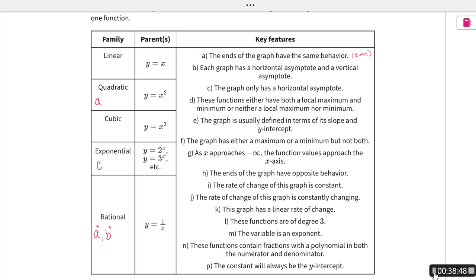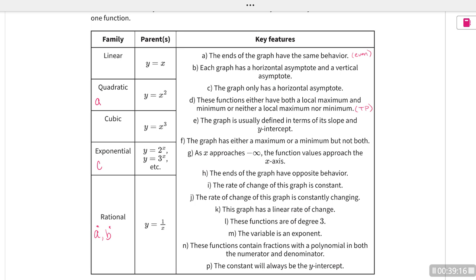Okay, part D. Part D reads, these functions either have both a local maximum and minimum, or neither a local maximum nor minimum. Okay. So linear is out because it doesn't curve at all. So there definitely needs to be turning points here. So a quadratic always has an absolute max or min.